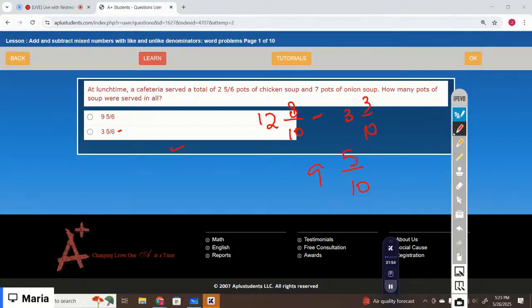At lunchtime, the cafeteria served a total of 2 whole 5/6 pots of chicken soup and 7 pots of onion soup. How many pots of soup were served in total? We need to add, right?